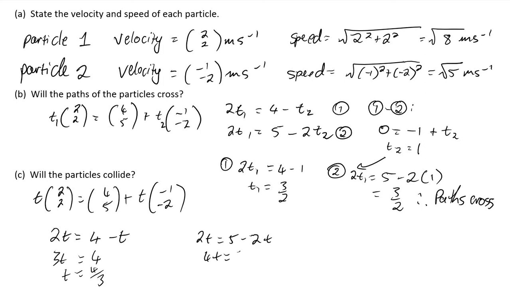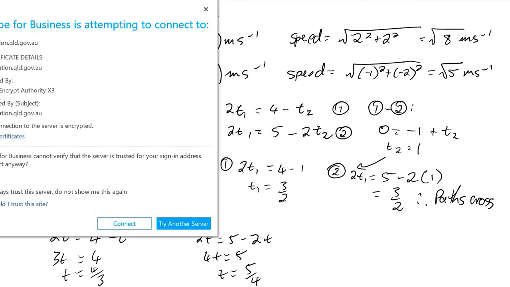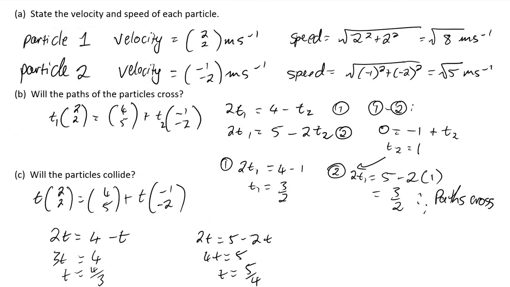And at 5/4 of a second, the J components will be the same. And because they are different, that means that they will not collide. So while the paths of these particles do intersect, it does not happen at the same time.